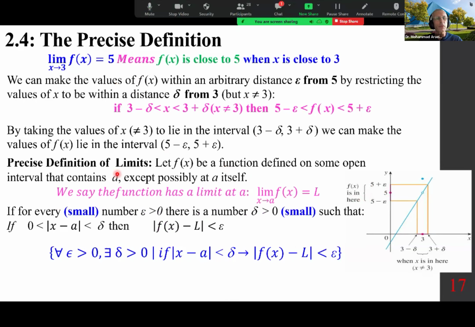So, precise definition of limits. Let f of x be a function defined on some open interval that contains a, except possibly at a itself.